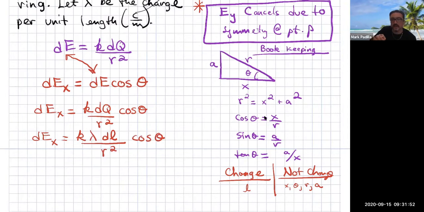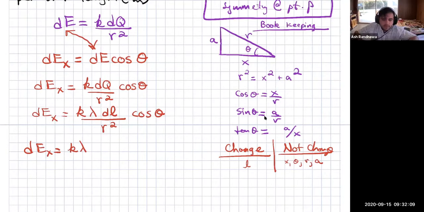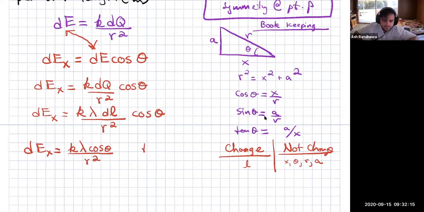And I know k and lambda are constants, so I can keep them to the left. What else is constant there? The r squared and the cosine. We could keep it all. So all we have is dl.